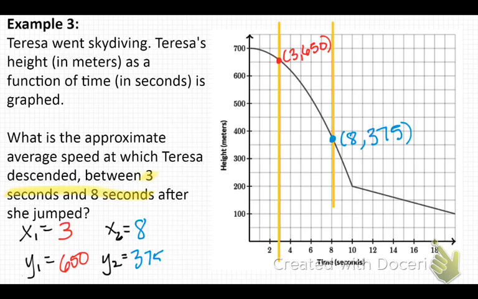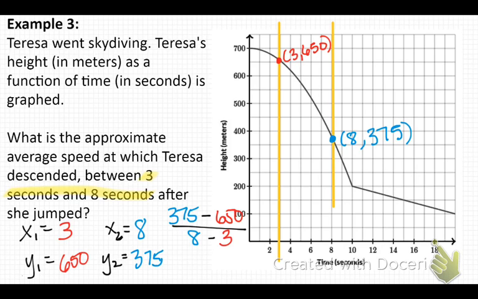Thanks, JJ. Okay, so if I set up my equation, I have y2, which is 375, minus y1, which is 650, and x2 is 8, and x1 is 3.